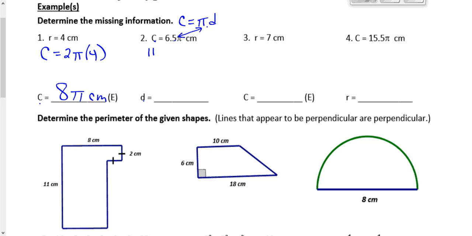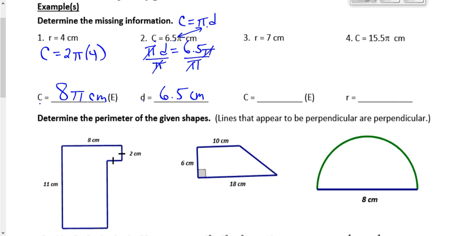So we can say pi d equals 6.5 pi, right? Divide both sides by what? Pi. And they cancel, and you get d equals 6.5. And again, they're obsessed with centimeters.